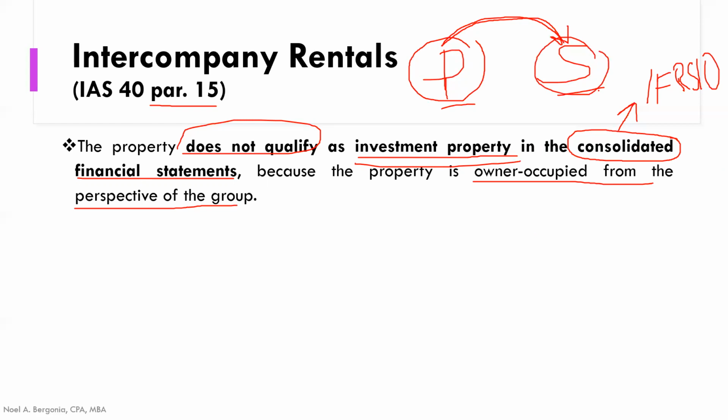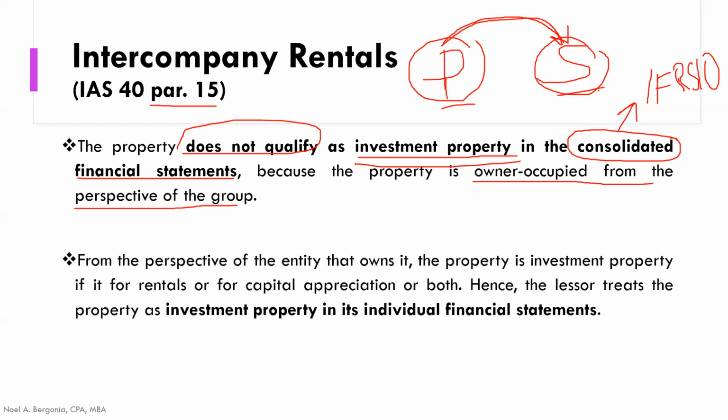However, if this parent and subsidiary will be preparing individual financial statements rather than a consolidated financial statement, then meron pong investment property. So pag individual, halimbawa subsidiary 1, 2, 3, nagpe-prepare sila ng individual financial statements, they can present that as an investment property kung may pinaparenta to the parent company.